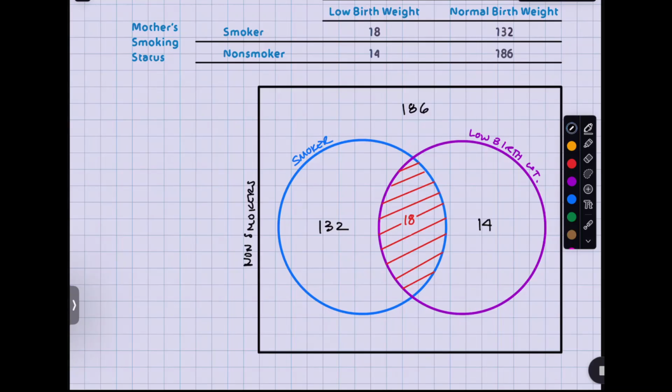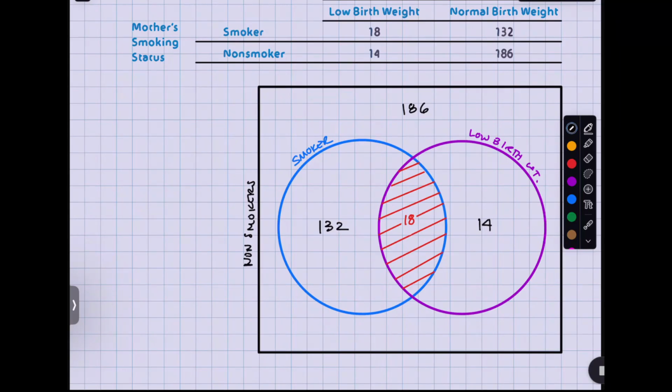So, yes, could I put it in the section of non-smokers and normal baby weight? Sure. But then I couldn't say that the non-smoker is a smaller population than the smokers. Right? It's got to be the other way around.